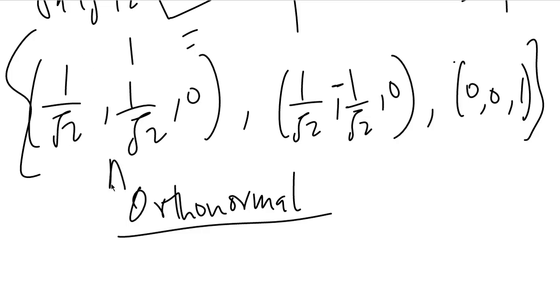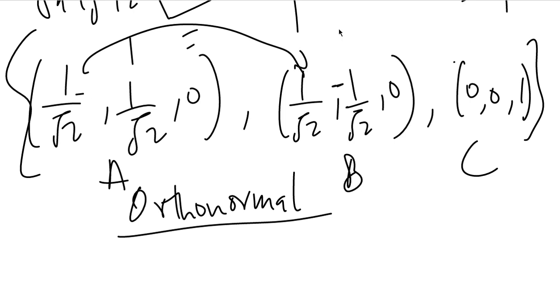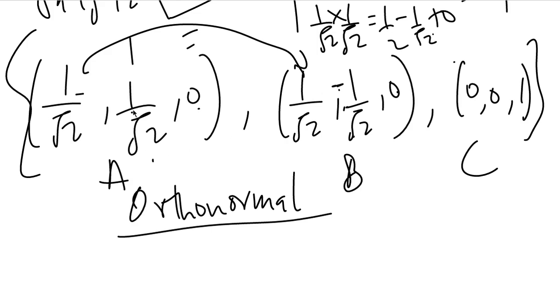If we get the dot product of, let's call these A, B, C, the dot product of A and B: 1 over root 2 times 1 over root 2 is going to be 1 over 2, and then 1 over root 2 times negative 1 over root 2 is going to be negative 1 over 2, and then plus 0 times 0, that's 0. So the total is 0. And then if we take the dot product of B and C, it's also going to be 0, because 1 over root 2 times 0 is 0, negative 1 over root 2 times 0 is 0, and then 0 times 1 is 0.